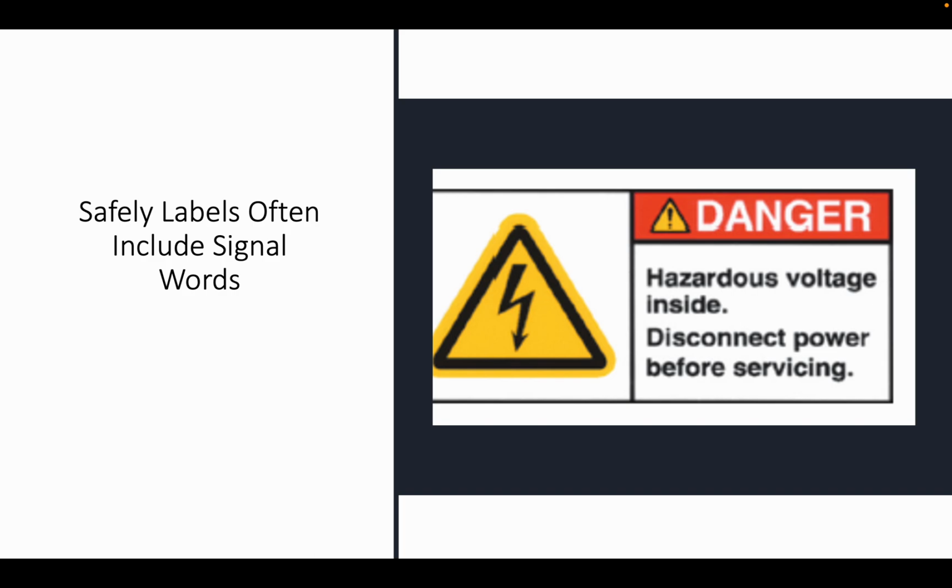And then we also see safety labels that are going to include these same signal words. So when you write instructions, pay attention to if you need to use these signal words, when you need to use these signal words, and how that is going to work in terms of the instructions that you are creating.